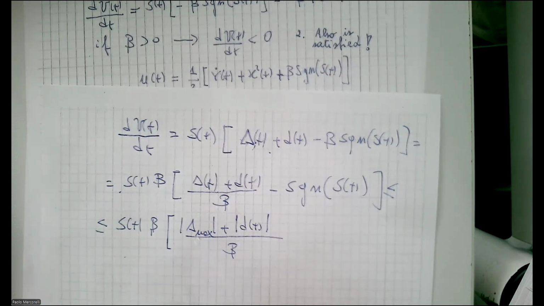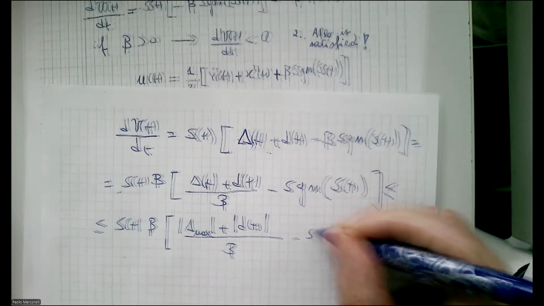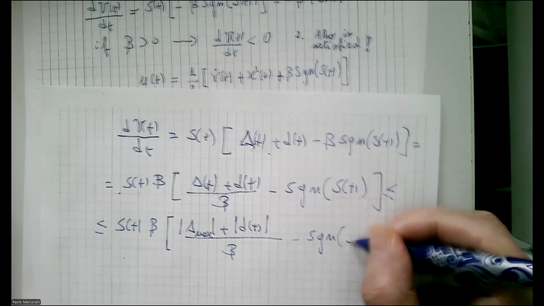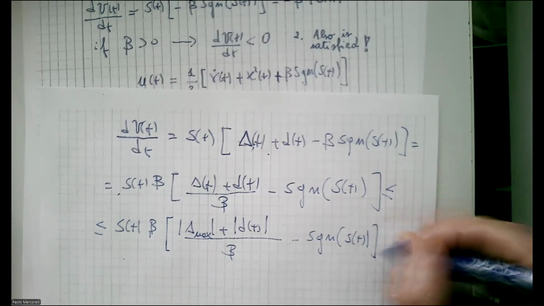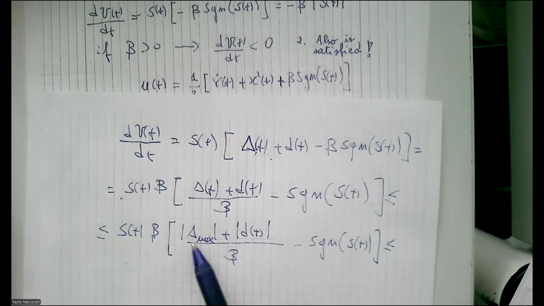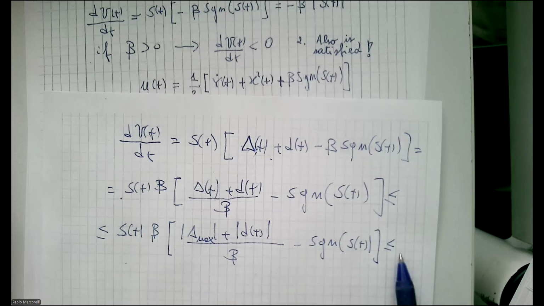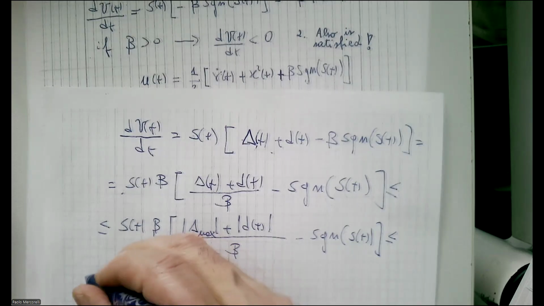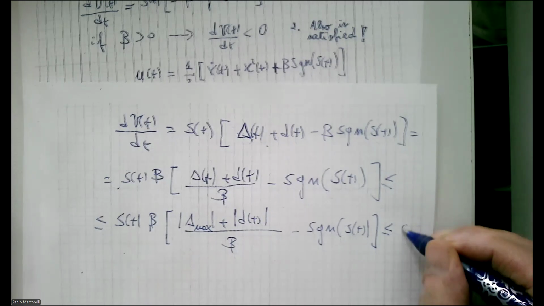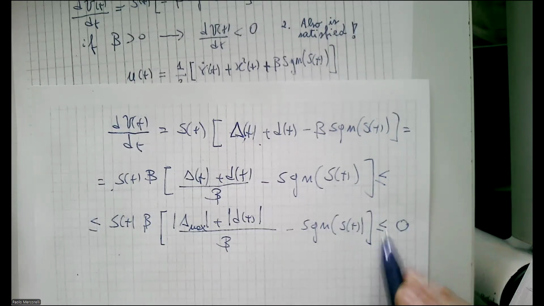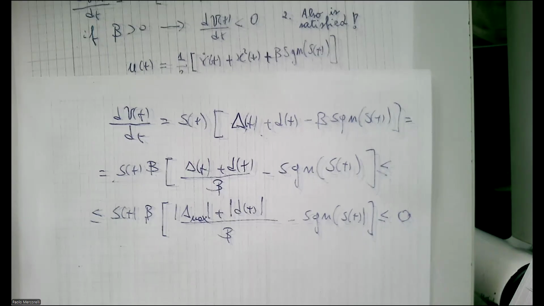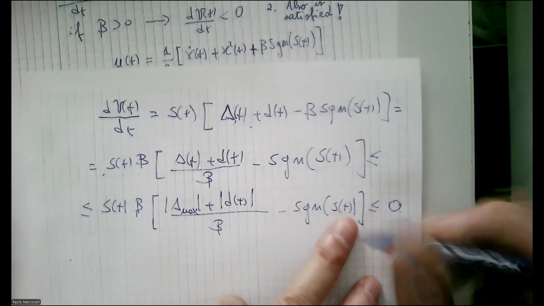This negative sign helps, because we have to demonstrate that for each delta it is negative, less than 0.